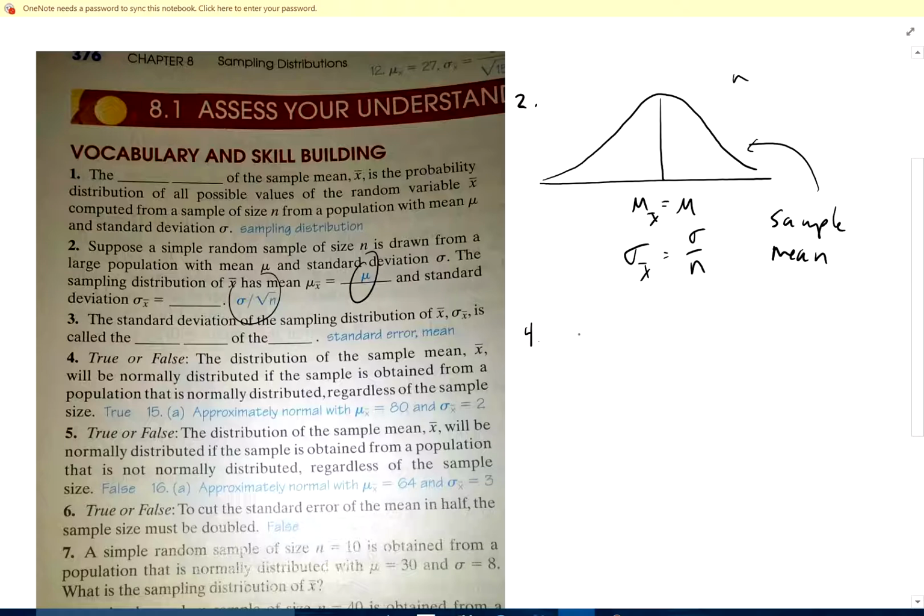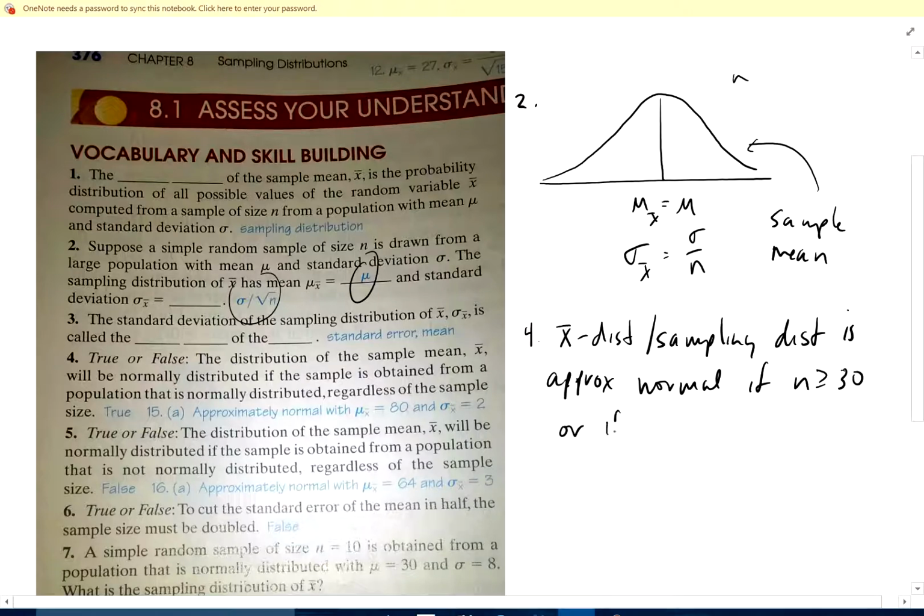Well, the sample mean, or we call it the x bar distribution, or the sampling distribution, is approximately normal if n is greater than or equal to 30, or if the population is normal. If the population is normal, it doesn't matter what the sample size is.